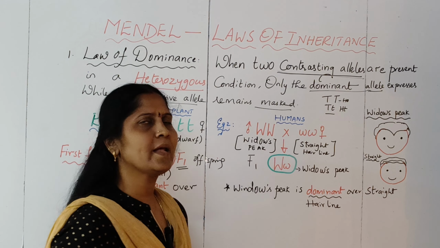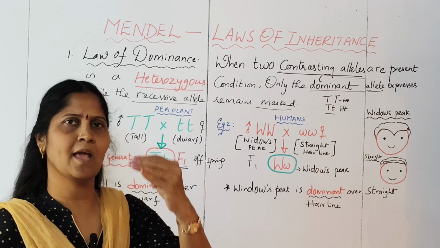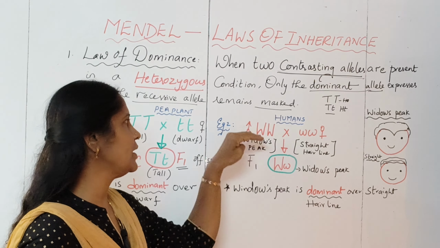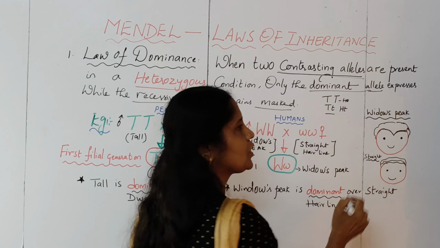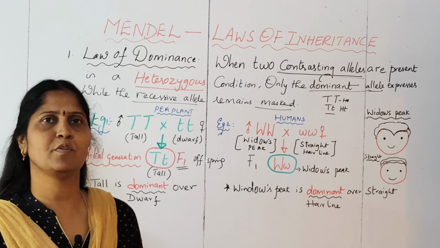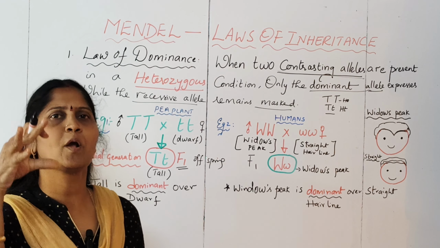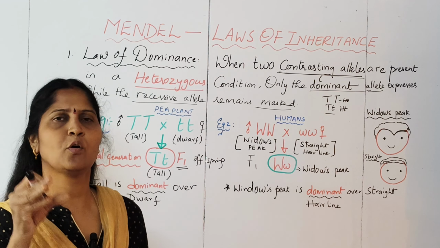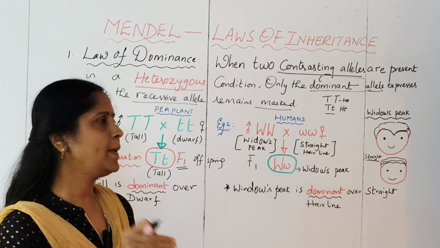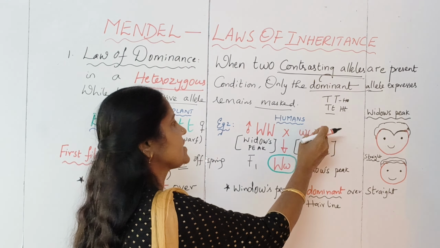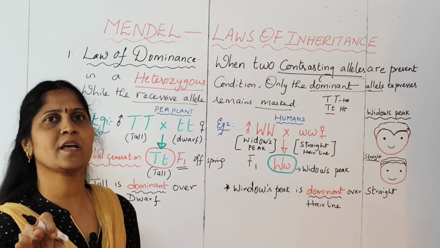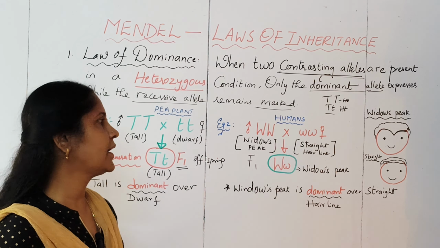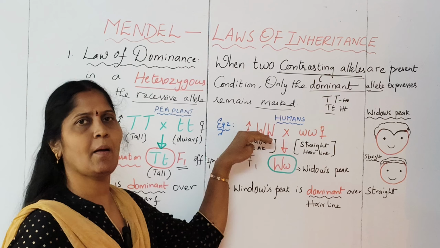Here, the characteristic feature of the hairline in these F1 individuals will be widow's peak, that is having a V-shaped structure on the forehead. Why is it so? Because capital W is dominant over small w. The small w is responsible for straight hairline only in the homozygous condition, and that is a recessive character, whereas the dominant character is capital W.